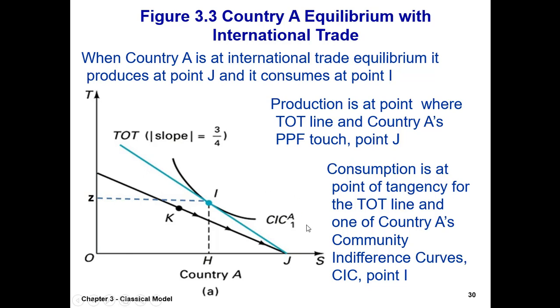If you want to look at this graph, you could think of this line as the production possibility frontier. That is all the possible combinations this country can efficiently produce. The terms of trade is going to be all the combinations they can consume when they trade, based on the idea that they completely specialize here in soybeans at this point, and then they export some of the soybeans and buy some textiles with those exports.